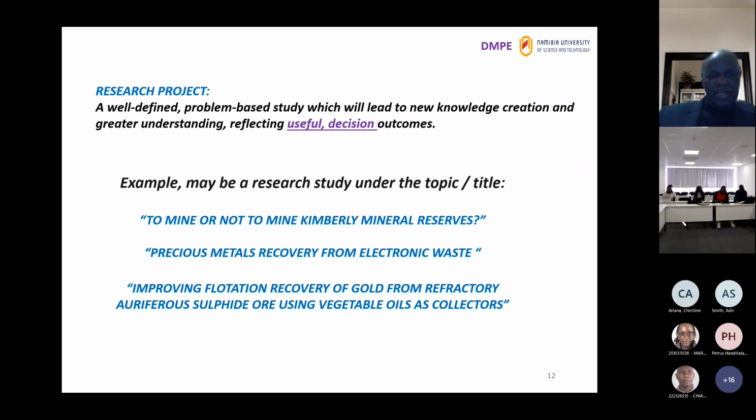A research project may generically be defined as a problem-based study which will lead to a new body of knowledge, creation of knowledge, and greater understanding that will reflect useful decision outcomes.